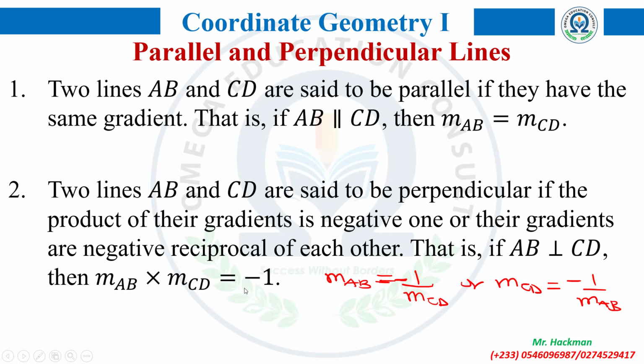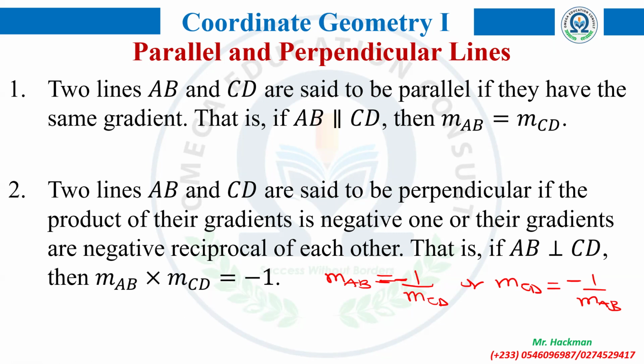If you appreciate this, then what you are supposed to do is make one of the gradients the subject. If I make MAB the subject, I have to divide both sides by MC, so that gives me MAB equal to -1 over MC. You get the point?